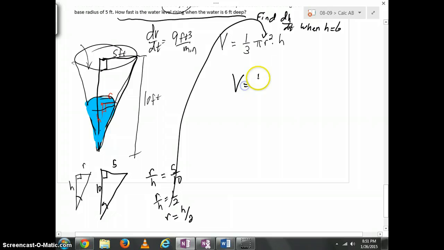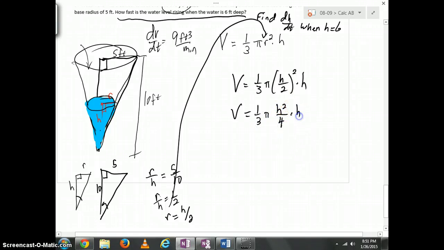And very quickly, we're going to plug in my r of h all over 2. And then we're going to work this out. Squaring, I'll have h squared over 4 times h. It looks like 1/4 and 1/3 multiplied to 1/12. And h squared times h is h cubed.